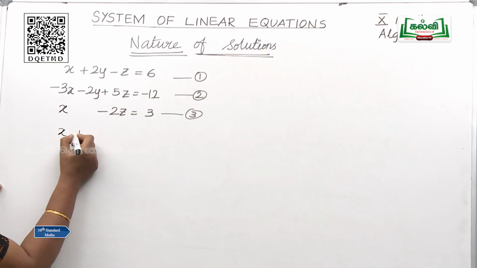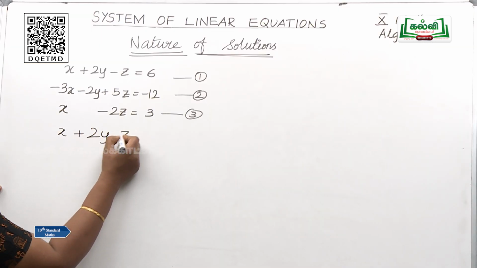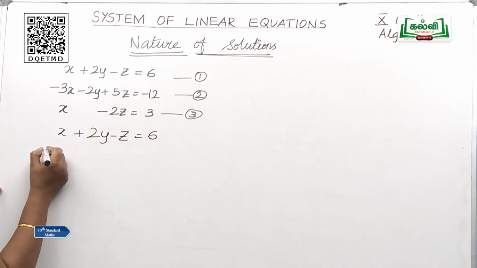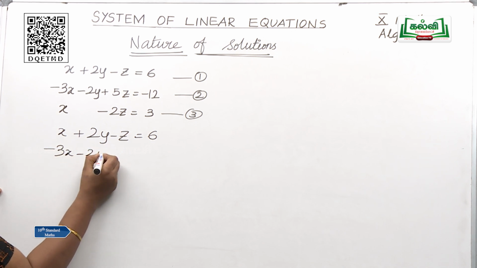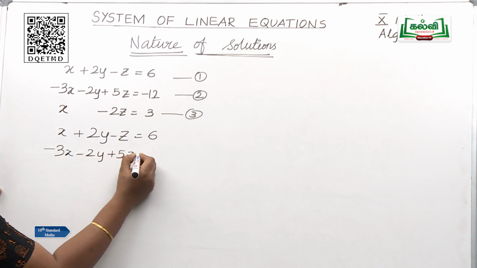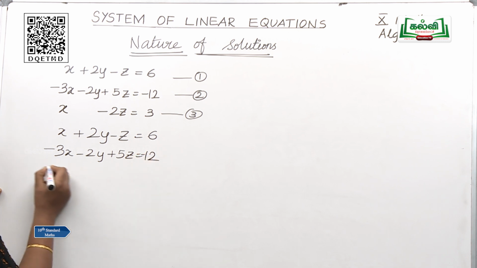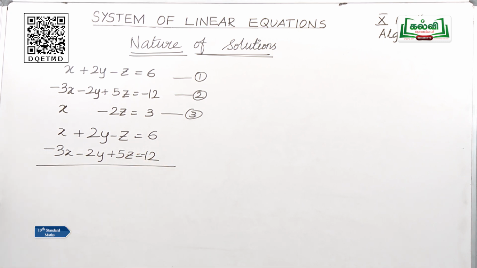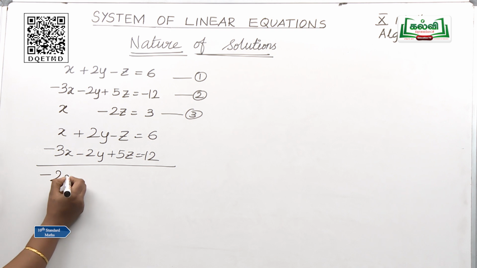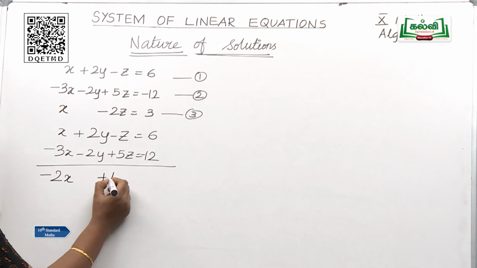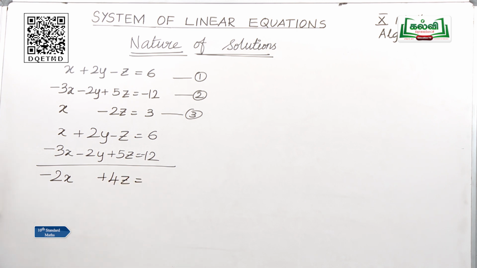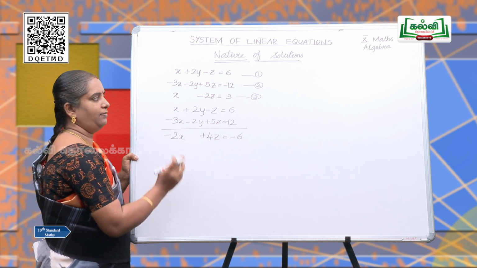So, x plus 2y minus z is equal to 6 and 3x minus 2y plus 5z is equal to minus 12. Adding these two, we get minus 2x, 0, plus 4z is equal to minus 6. So adding, we have got one equation.